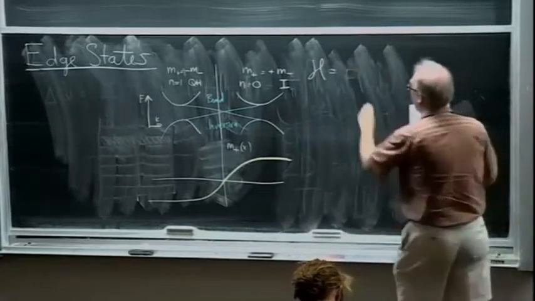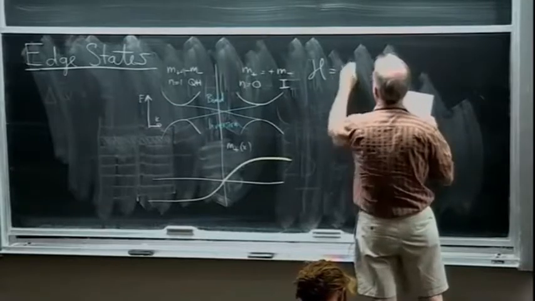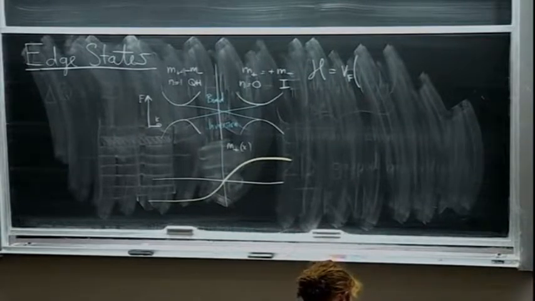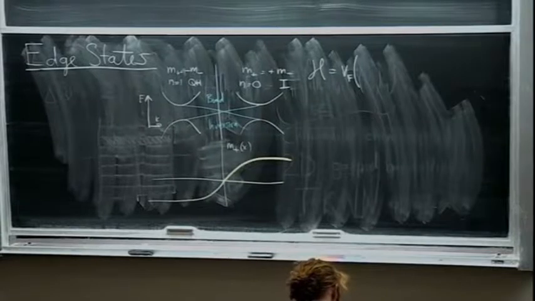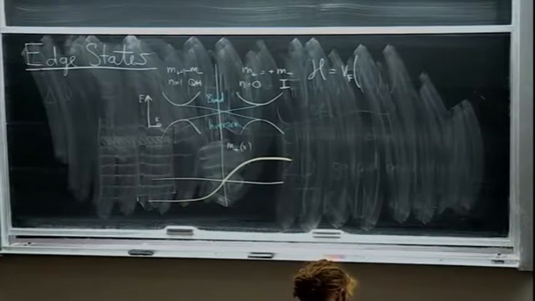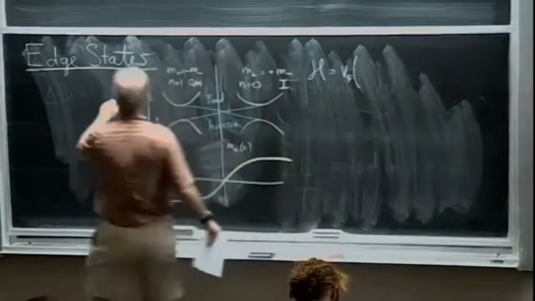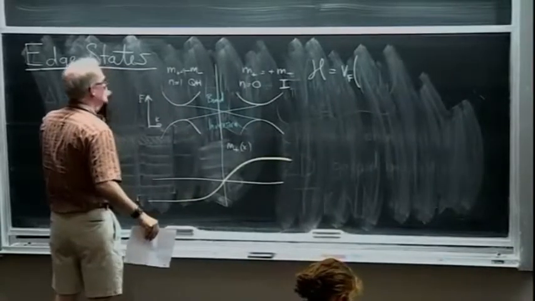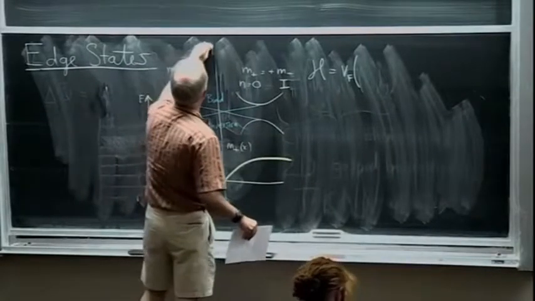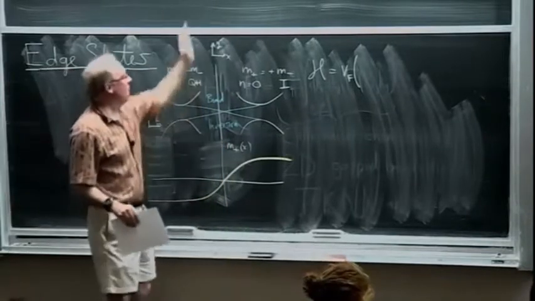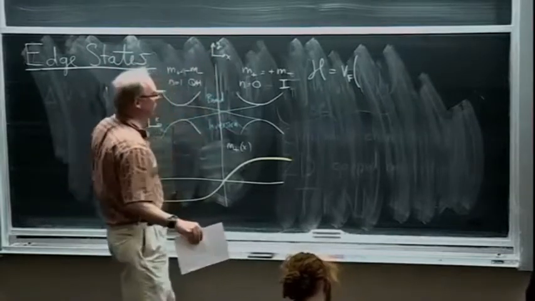So what we have now, I still have my Hamiltonian. I can write this down now. Let's call this the y direction. So this is y and this is x. Okay? And so I still have momentum in the y direction, but now I have to treat x in real space.